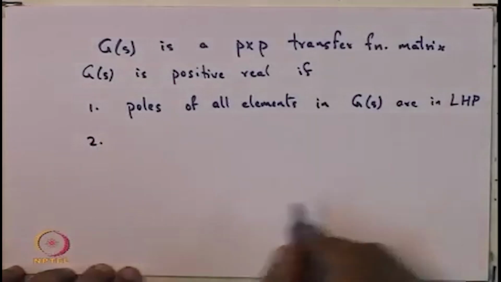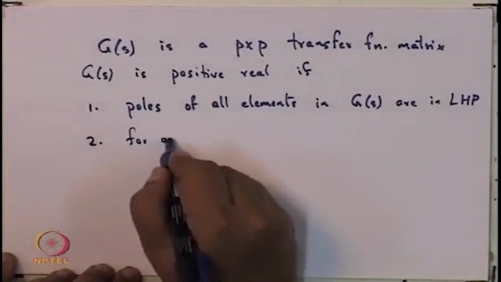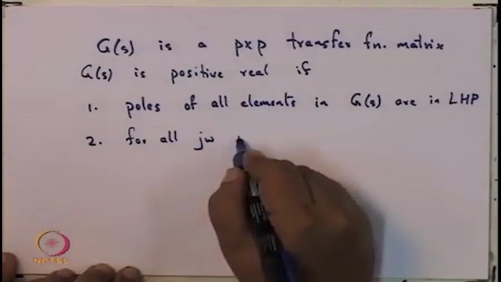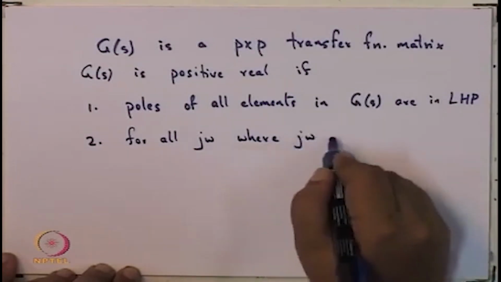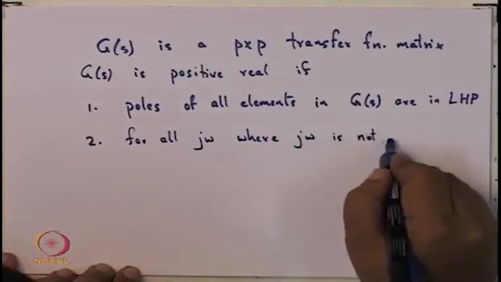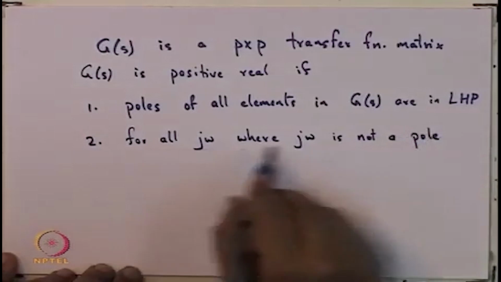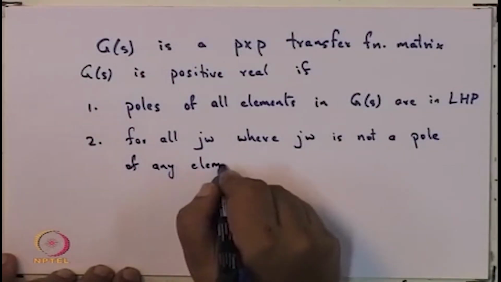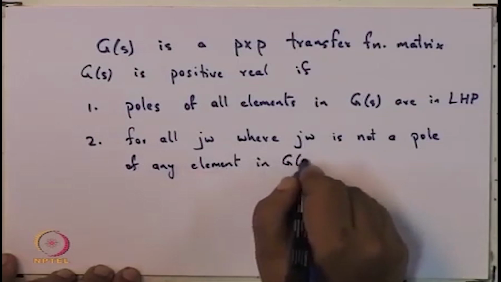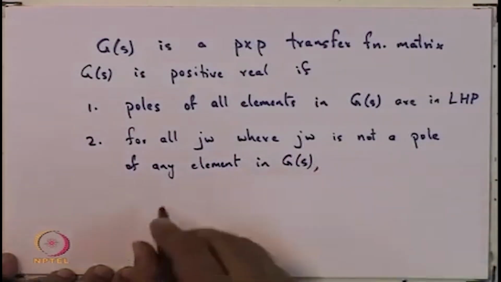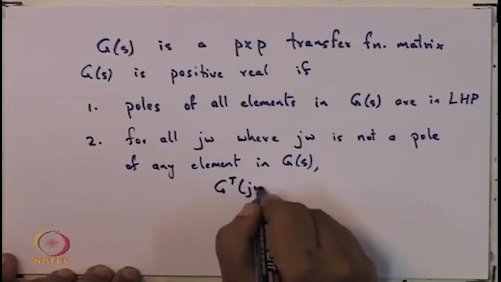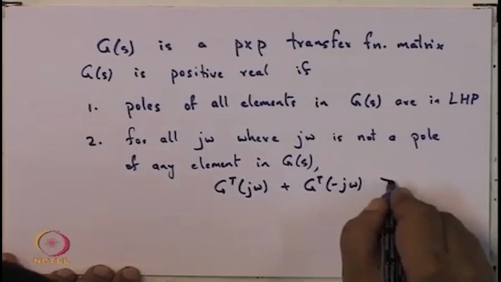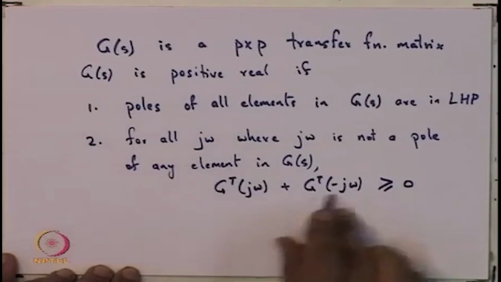And the second condition is for all j omega, purely imaginary value, where j omega is not a pole of any element in G of S, G transpose of minus j omega plus G of j omega is a positive semi-definite matrix.